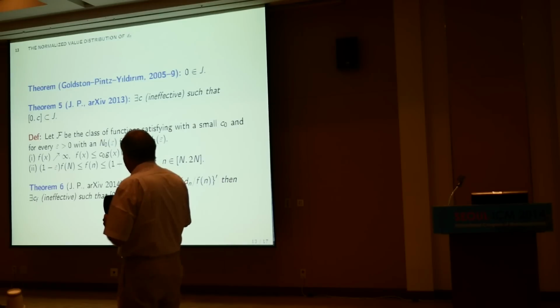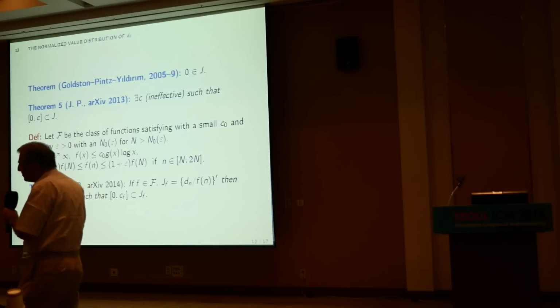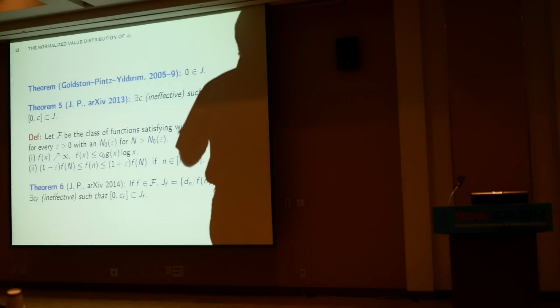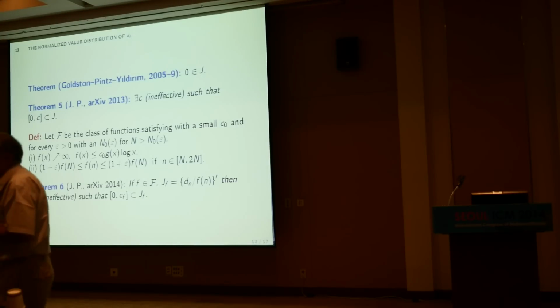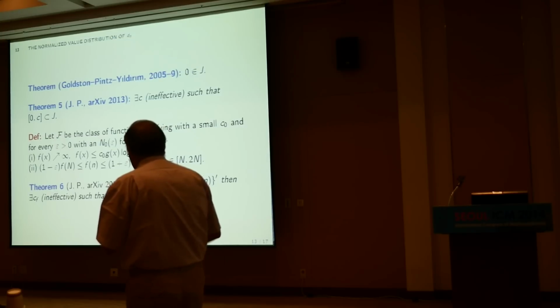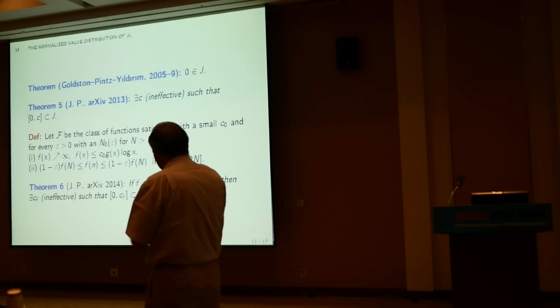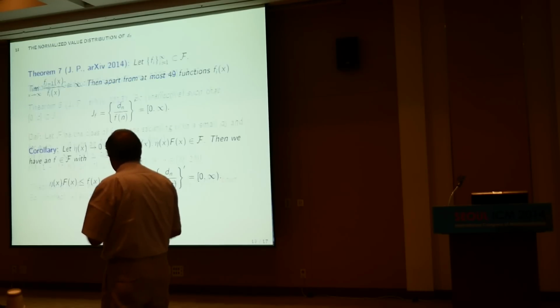And I could generalize the same result for nearly every function which tends to infinity and which is not larger than this Erdős-Rankin function. So that means this still doesn't solve the $10,000 problem. And so theorem 6, this is the generalization, that for an interval we have this.